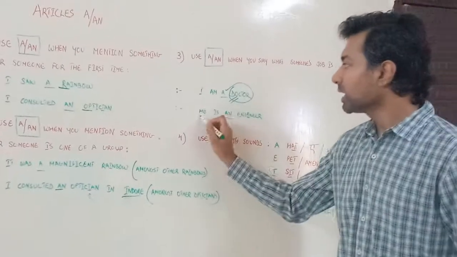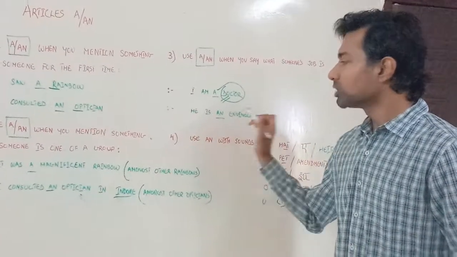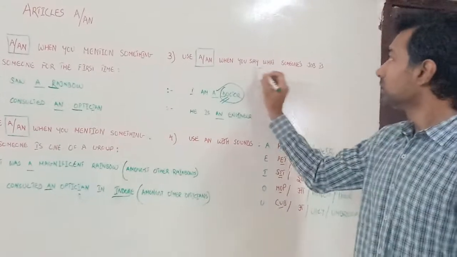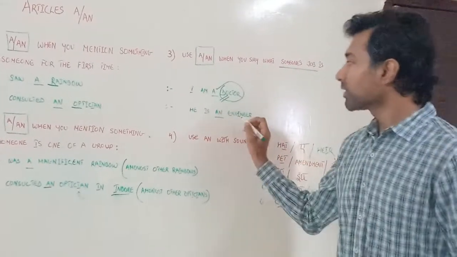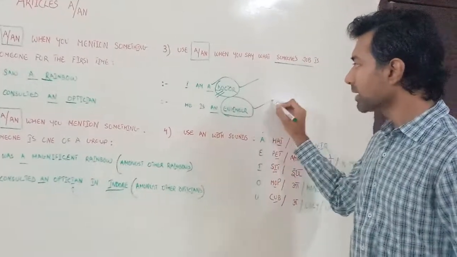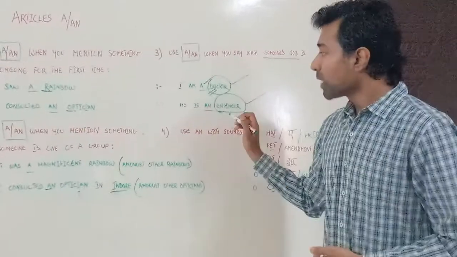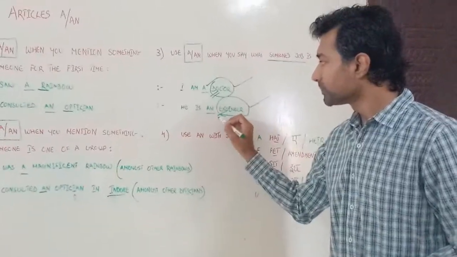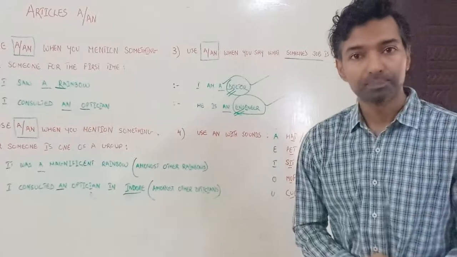Yes, he is an engineer. In my second example, I am referring to someone's job as well. Remember, why have I used an? Because this word starts with a vowel.